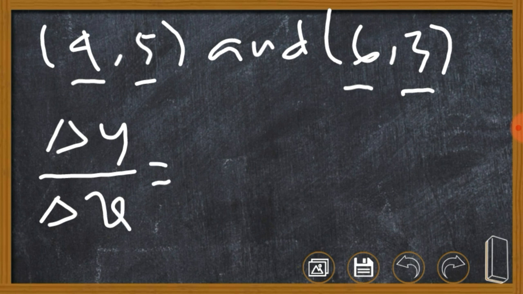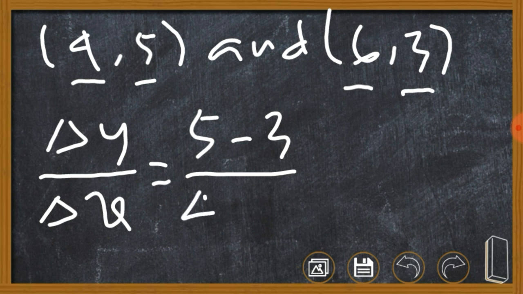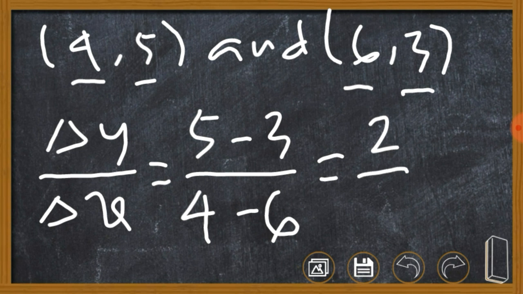The answer is 5 minus 3 divided by 4 minus 6, equals 2 divided by minus 2, equals minus 1. And the answer to the question is: the slope of the line through (4, 5) and (6, 3) is minus 1.